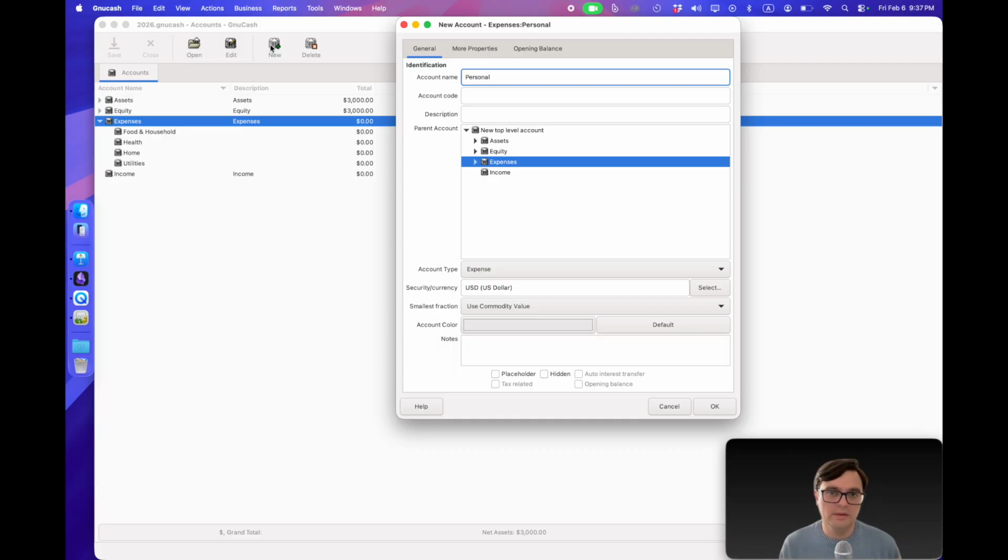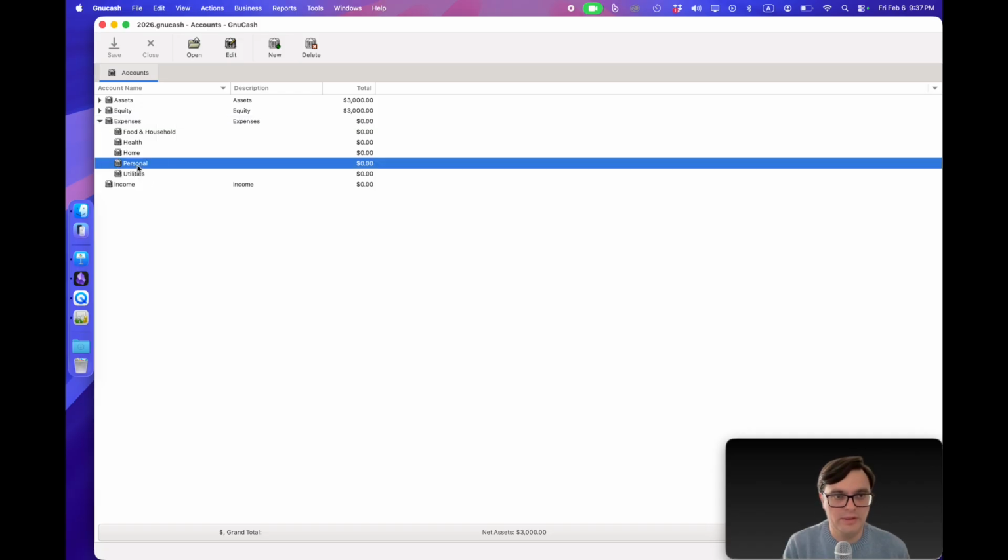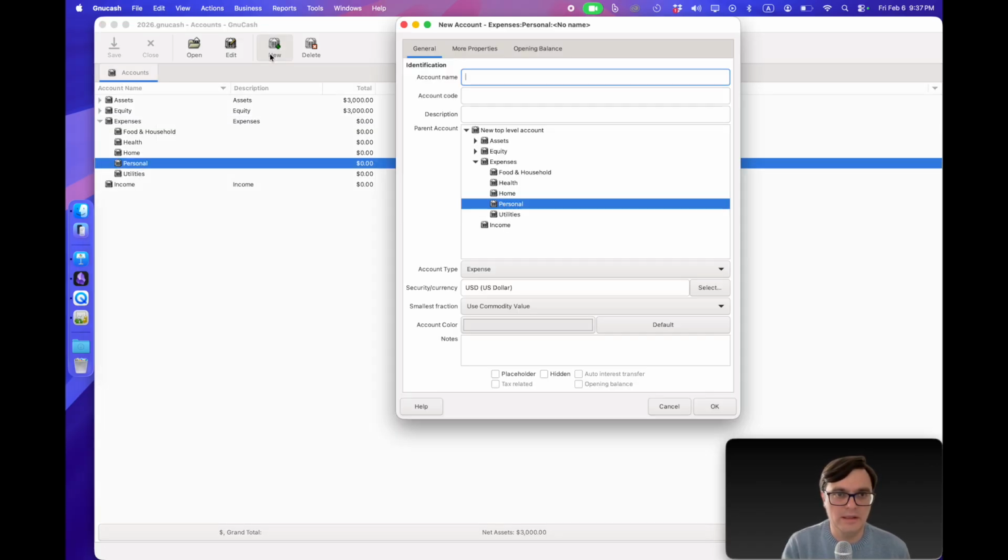Now, if you're single, it's just fine to leave it as is. If you're not and you want to track each person in the household, you can mark it as a placeholder, and I would suggest that. And then select personal again, click New, and just notice that right now I'm creating an account under personal.